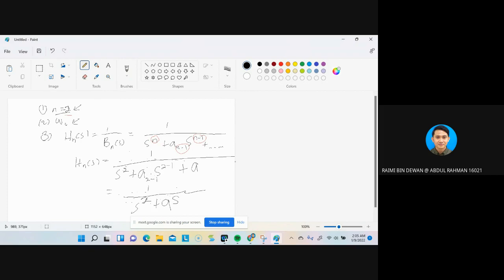If you can see, the polynomial for order 2 only has a1, so it only stops here.